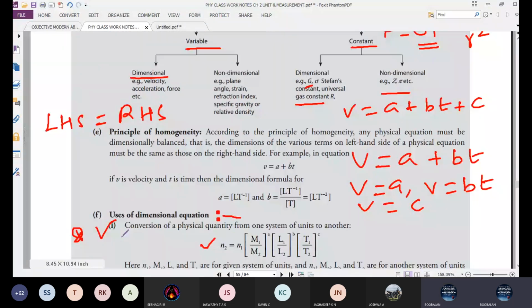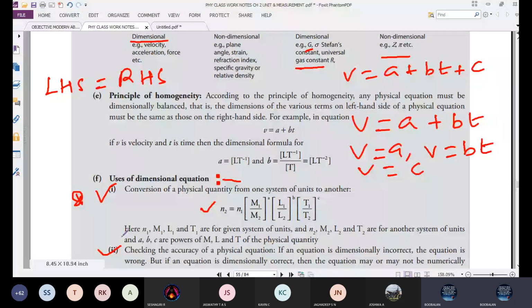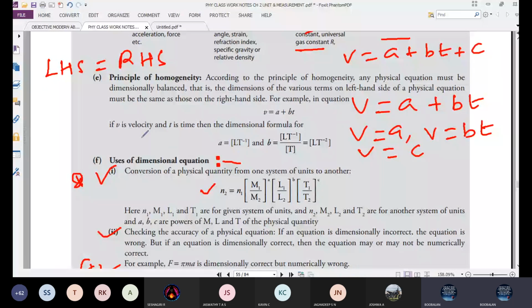From the question, they said V is the velocity, T is the time, and A, B are constants. So the A value is the velocity, no? Velocity formula: M power 0, L power 1, T power minus 1, dimension formula.